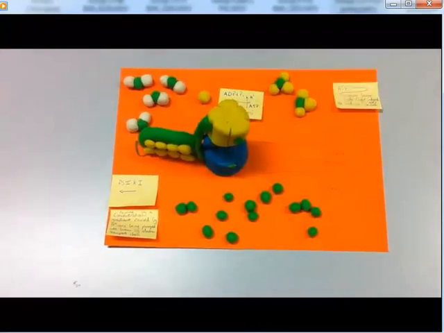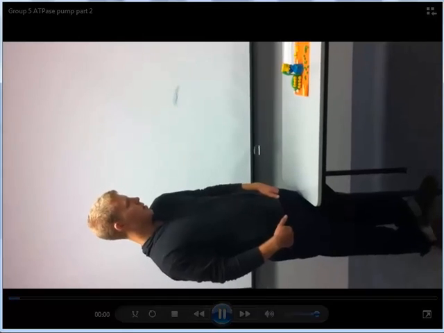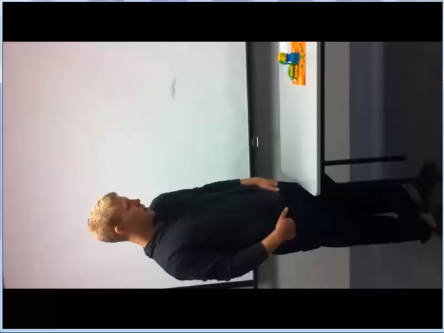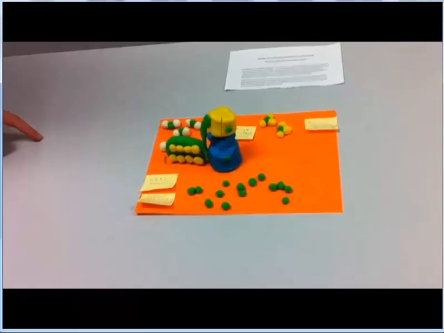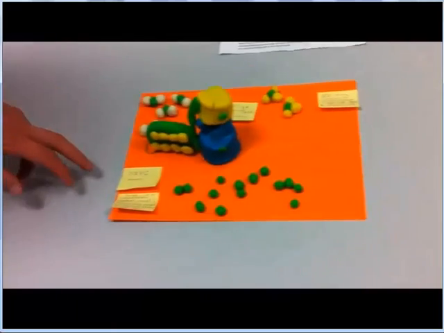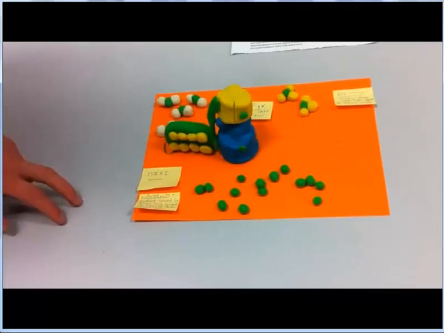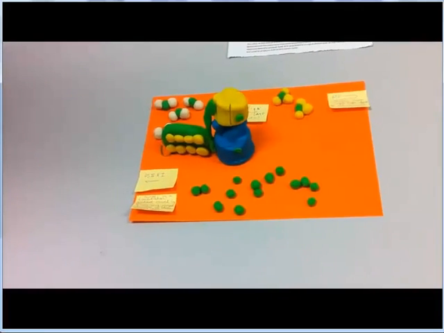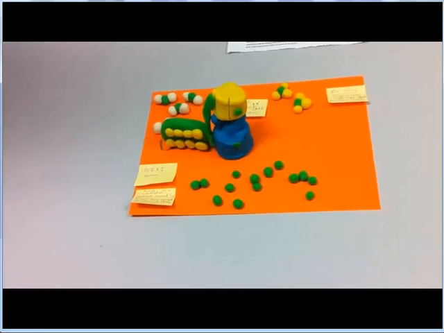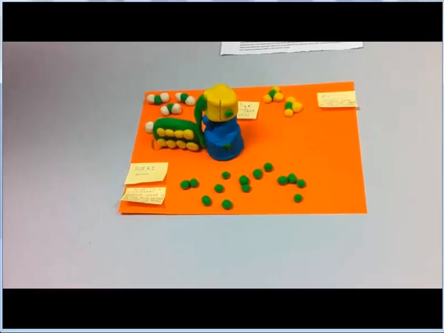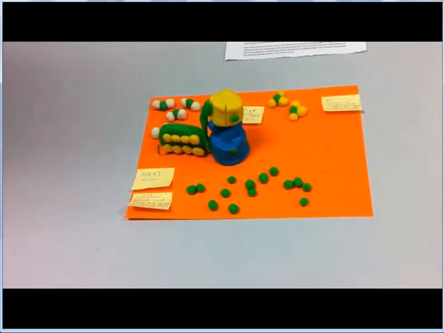So this is a model of the thylakoid membrane. So basically what we've got here is hydrogen ions down here, represented with the green. Those hydrogen ions are pumped into the lumen when the electron transport chain pumps them through.